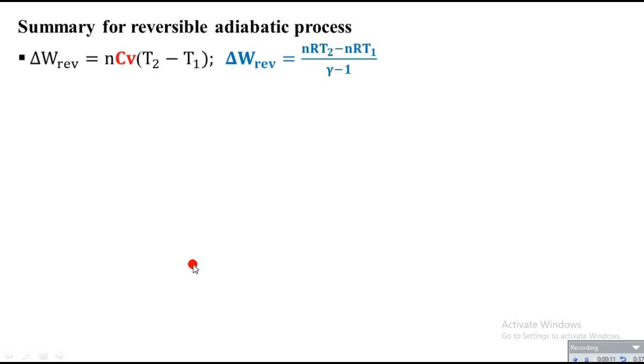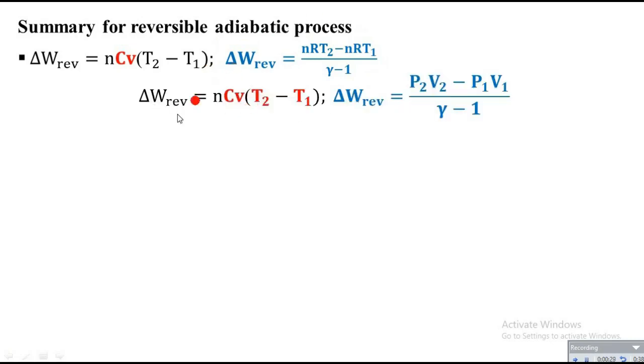Remember, first we saw that the work done reversible is equal to nCV (T2 minus T1). Then we replaced the CV by its value to get this equation. Then we also have the work done reversible equal to nCV T2, and we replaced the temperature to get the second equation to calculate the work done. Remember? Then after that, we equalized the two equations.